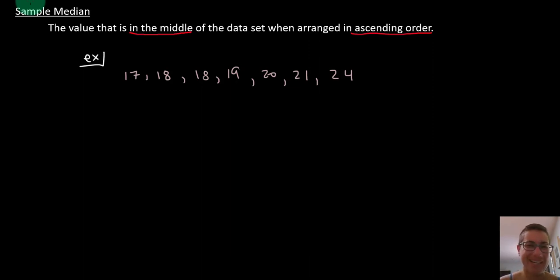I'm going to show you the way I kind of like it. I'm going to call this the naive method. But this is when you sort of inch along, smallest to largest, until you reach the center. For us, that would be this 19. So the sample median is 19 years.